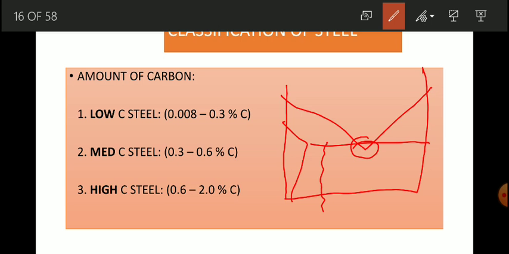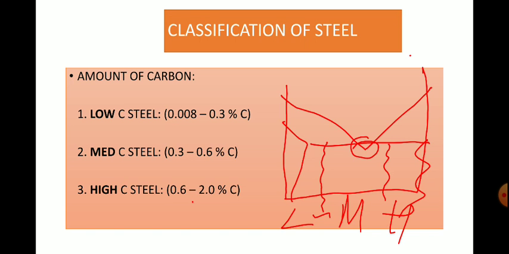Next is medium carbon steel, starting from this point, from 0.3 to 0.6. We call this medium carbon steel. The remaining content up to 2% is high carbon steel. So this is the classification based on percentages.